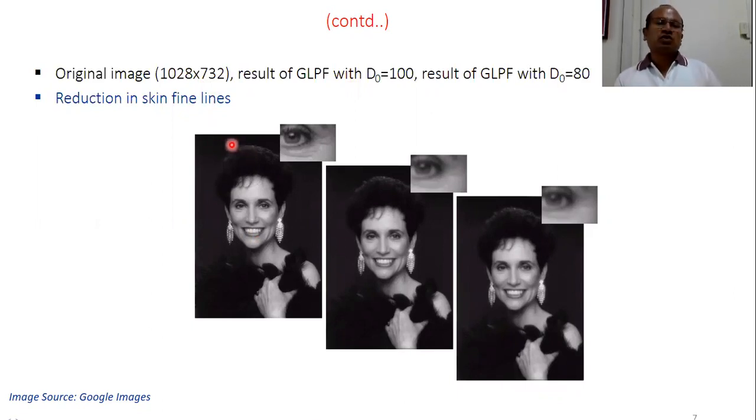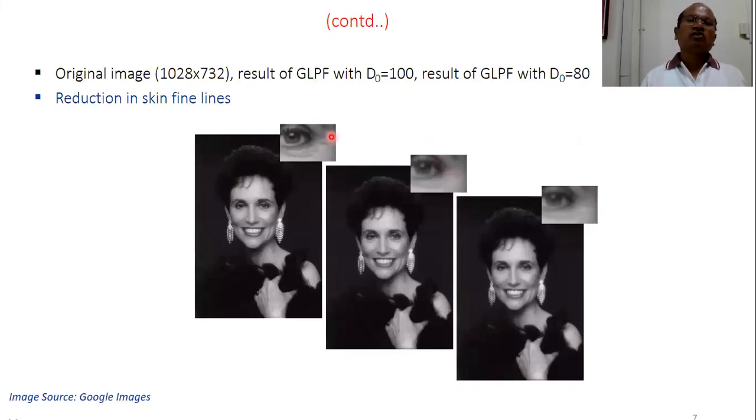The number of rows is more as compared to the number of columns. We apply a Gaussian low pass filter with cutoff distance 100. The result for D equal to 80 and 100 can be seen here.